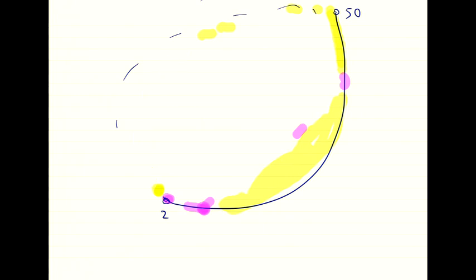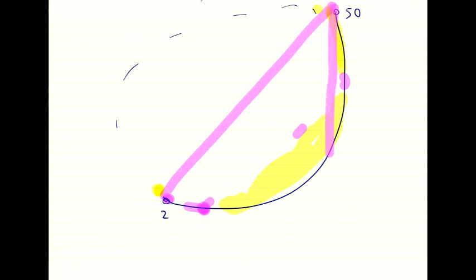Let's look at the triangle formed by 2 and 50. Wherever it is, the two sections are contiguous, so I get problems that look just like the problems I started solving. That's the mistake I made.